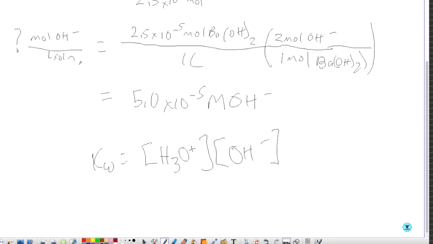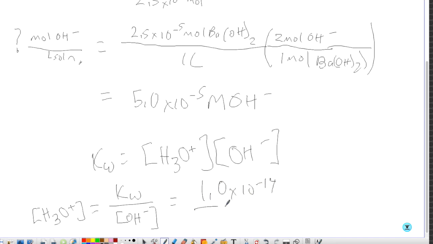I can solve for hydronium ion: it is Kw over the concentration of hydroxide. That's 1.0 times 10 to the minus 14 over 5.0 times 10 to the minus 5.